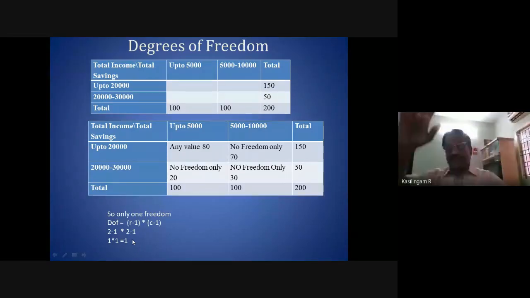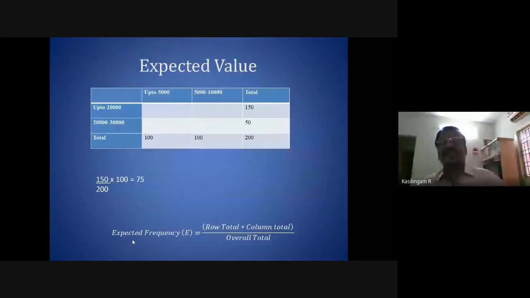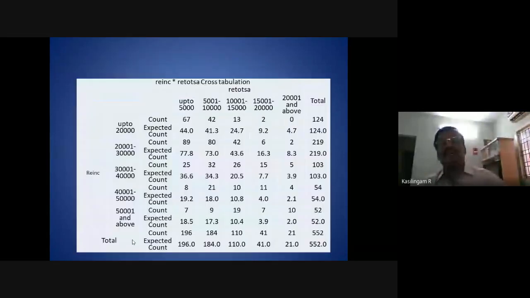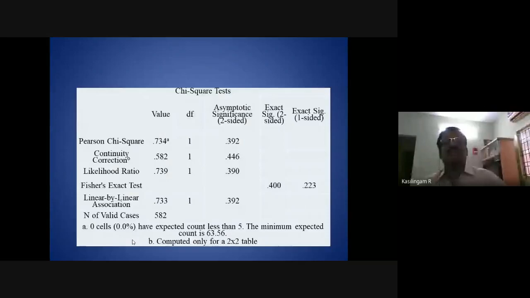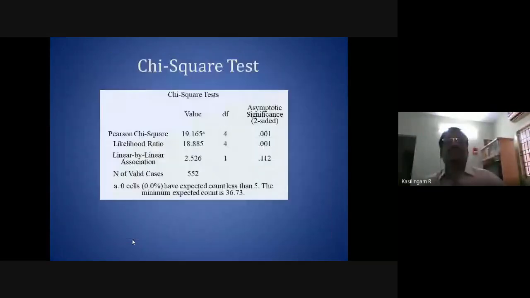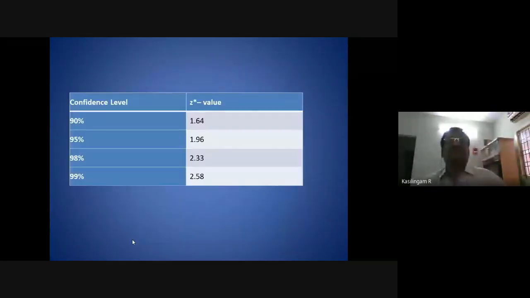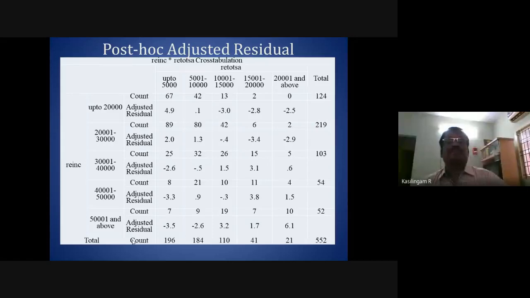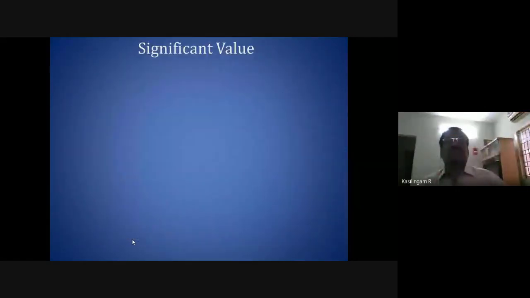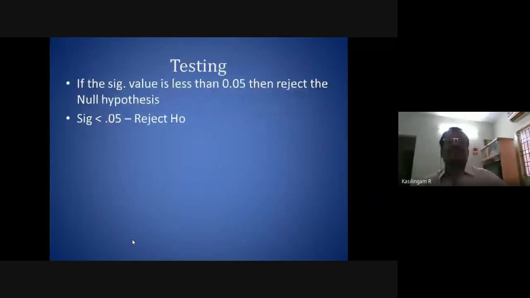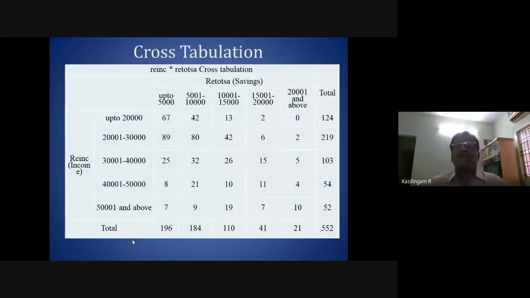In our case, what is the degrees of freedom? Let me go to our case. Okay. So now here, first cell I can put anything.